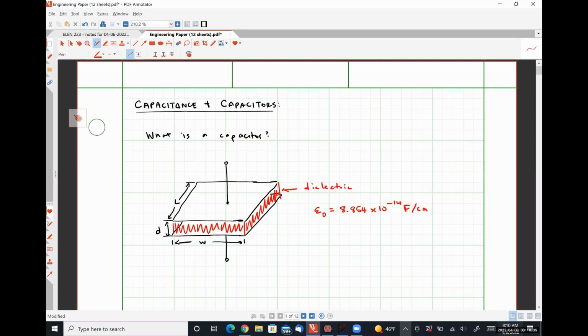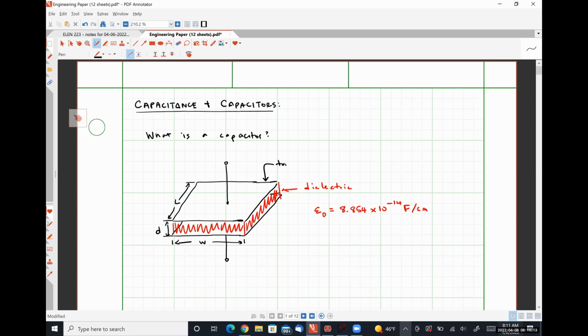And every other material is measured relative to that permittivity of a vacuum. So for instance, the permittivity of air is like 1.001 times the permittivity of free space. The permittivity of silicon is around 16 times the permittivity of free space. The permittivity of deionized water is about 81 times the permittivity of free space. So everything is measured with respect to this permittivity of a vacuum.